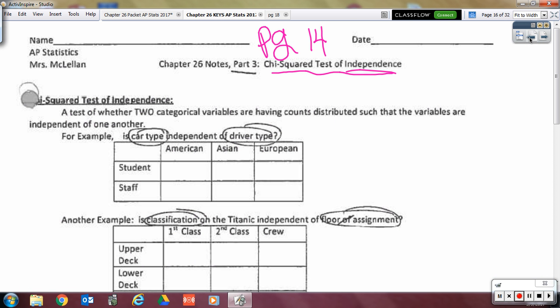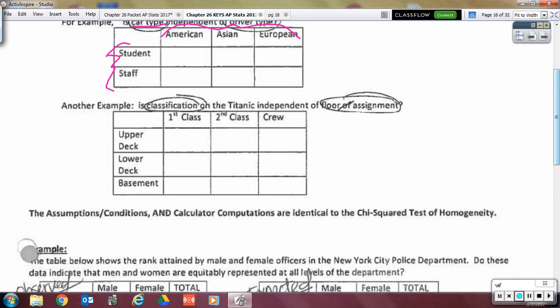So let's go on over here. Again, with our chi-squared test of independence, we have 2 variables, such as this example, car type, American, Asian, European, and driver, students and staff. Two variables. Here is another one: classification on the Titanic, alive and not alive, and the floor assignment.